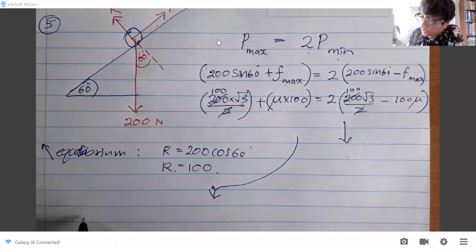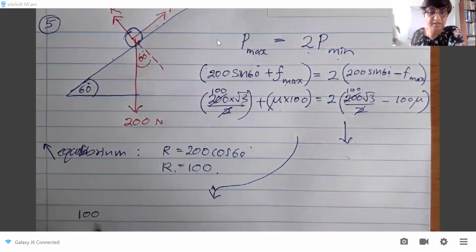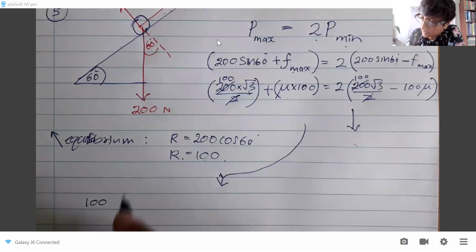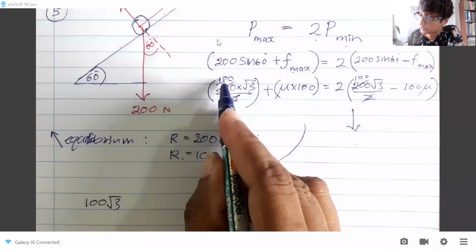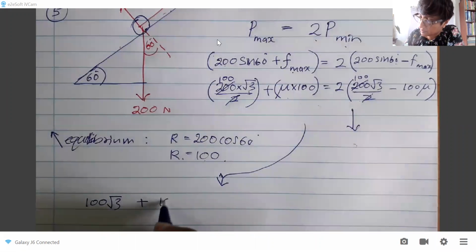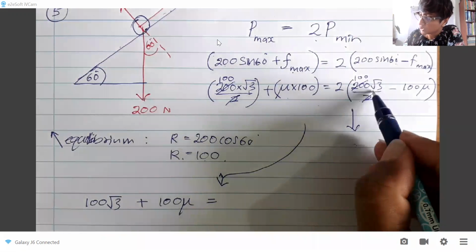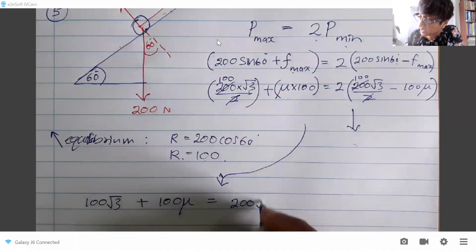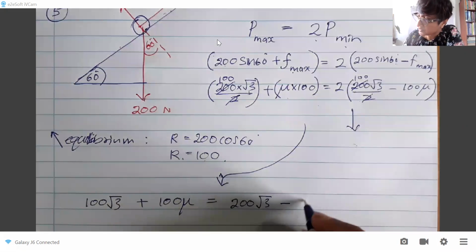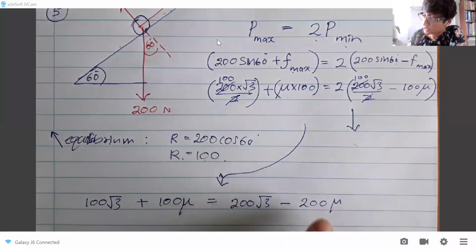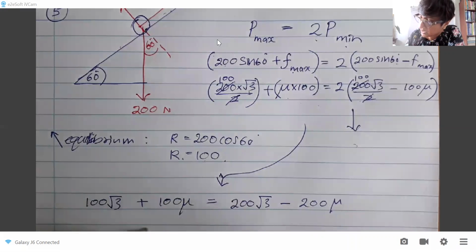100 root 3. This is 100 root 3 plus 100 mu is equal to, I'm going to remove this bracket, 200 root 3 minus 200 mu. Mu on one side, 300 mu is equal to 200 root 3 minus 100 root 3.